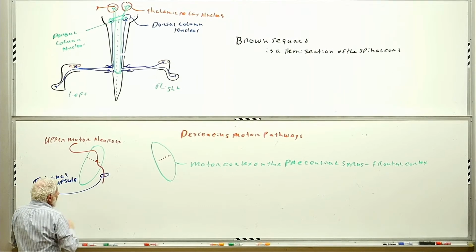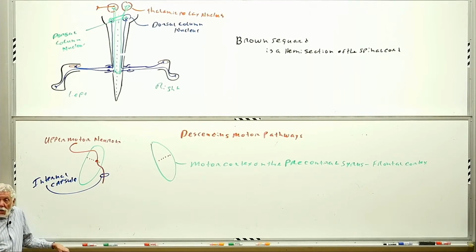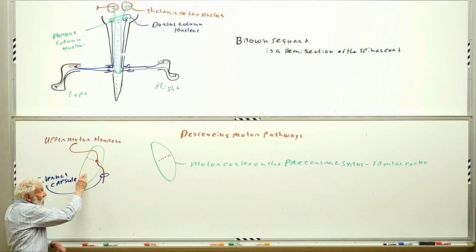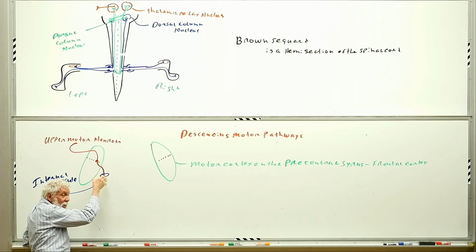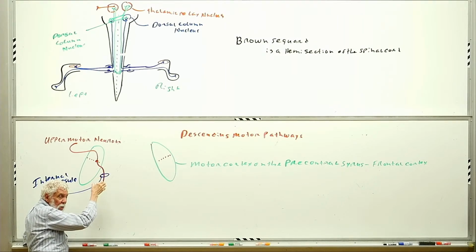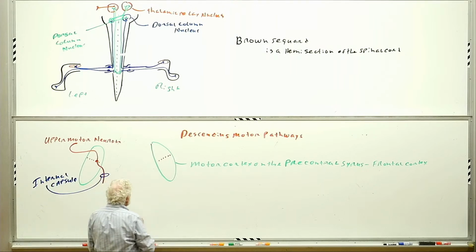If you take a neuroanatomy course, you'll find that the internal capsule also contains the ascending third order neurons going to the somatosensory cortex. In the early days when they named it the internal capsule, they bundled them all together. We now know they're different neurons. But as part of the internal capsule will be these axons of upper motor neurons that enter the internal capsule, and they will remain as a single bundle. And what we see on the right, we see on the left.